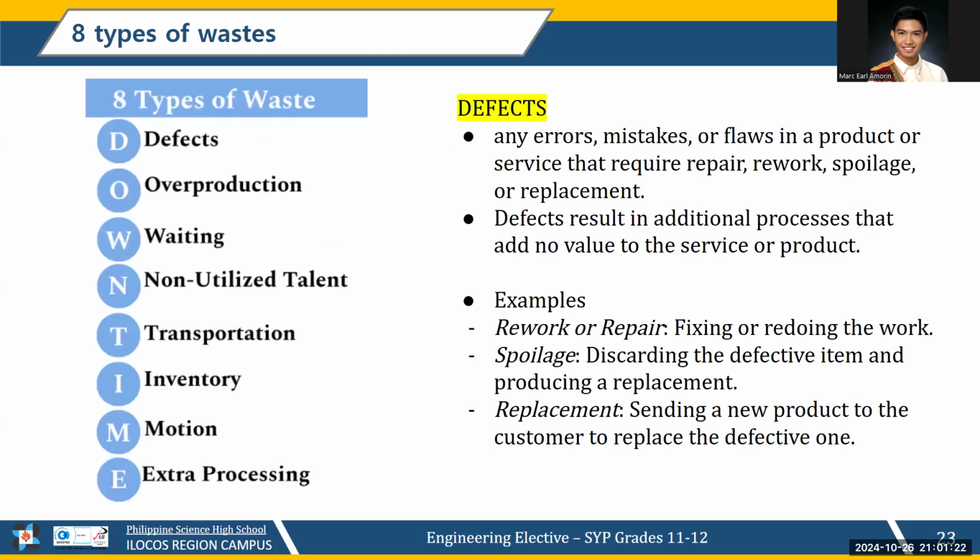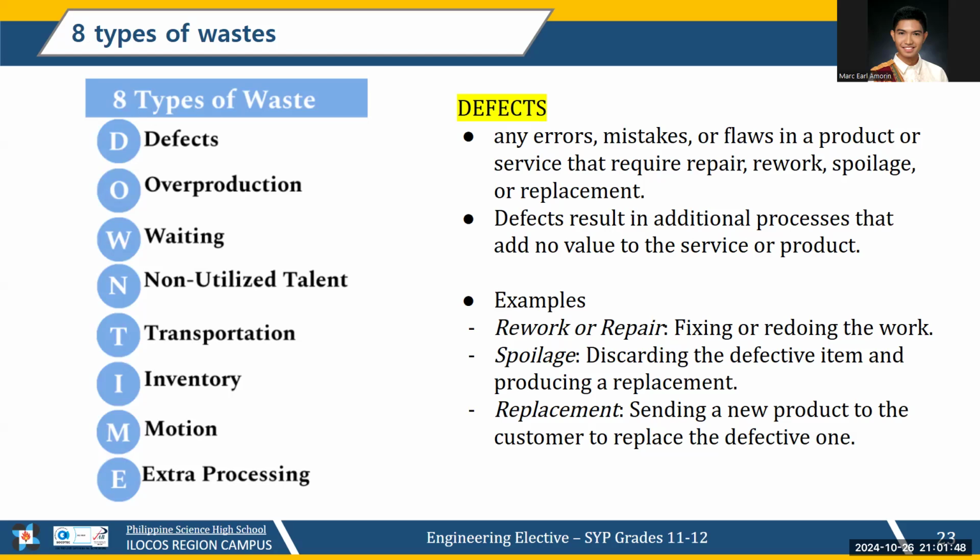So in order for us to identify the types of waste, we use the acronym DOWNTIME. There are 8 types of waste. Let's start with letter D, which stands for defects. Defects are any errors, mistakes, or flaws in a product or service that require repair, rework, spoilage, or replacement.